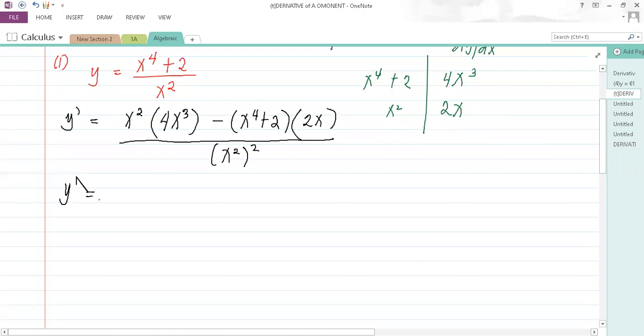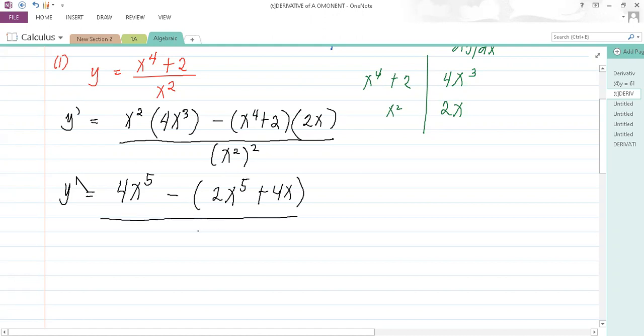That is equal to, so 4x cubed times x squared, that is 4x raised to 5. Diba? Pag nagmumultiply tayo, that is x raised to 5. So we have minus 2x multiplied by x4 is 2x raised to 5 plus 4x.